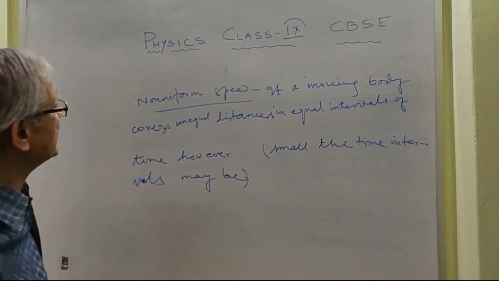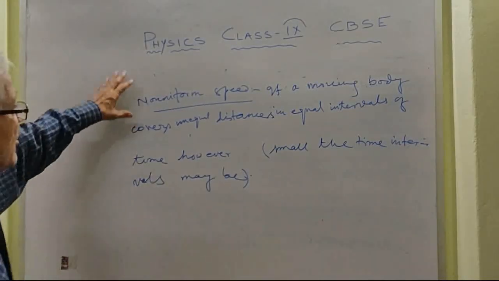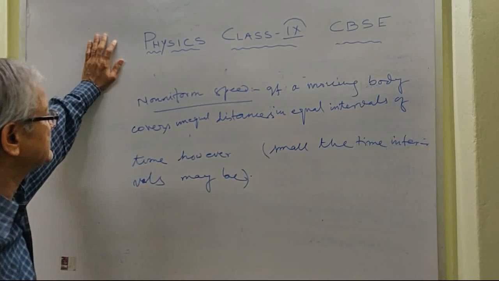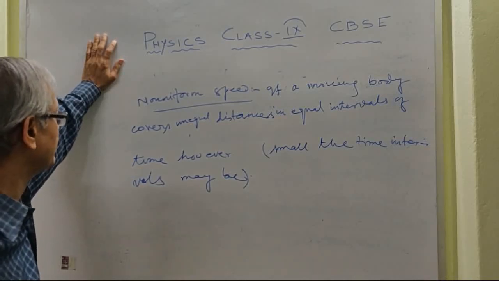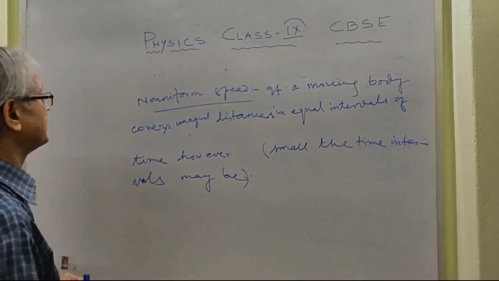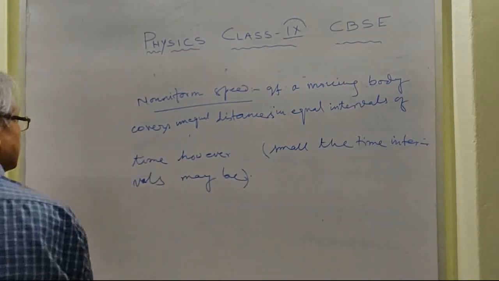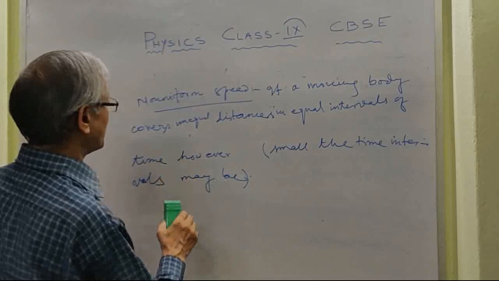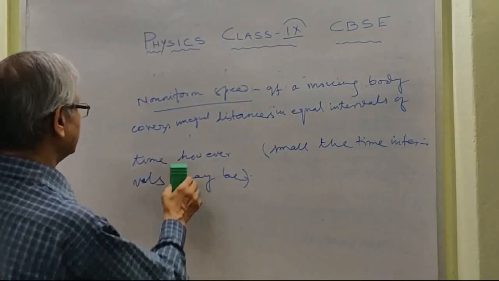Now, we know uniform velocity. If a moving body covers unequal distances in equal intervals of time, then this motion is called non-uniform.